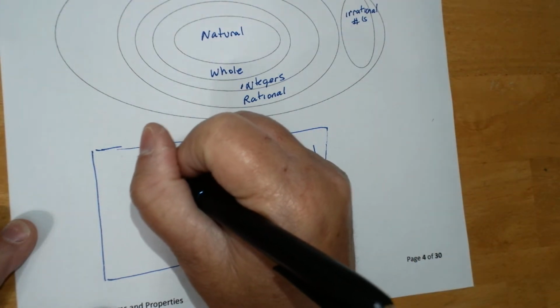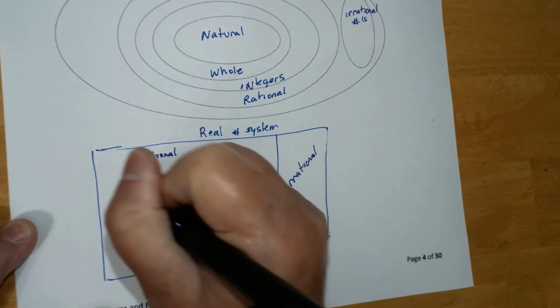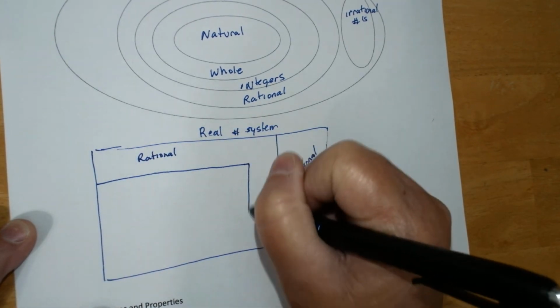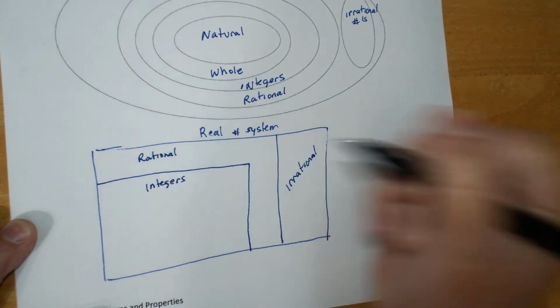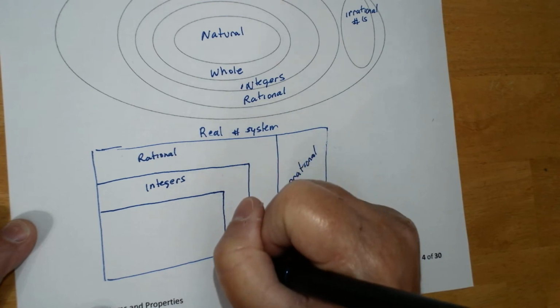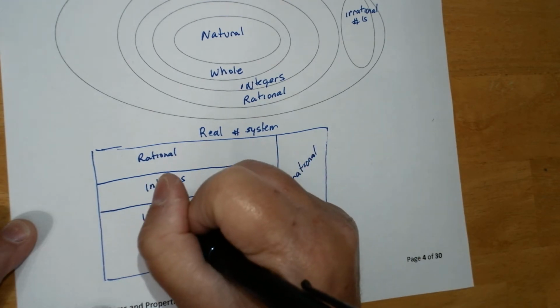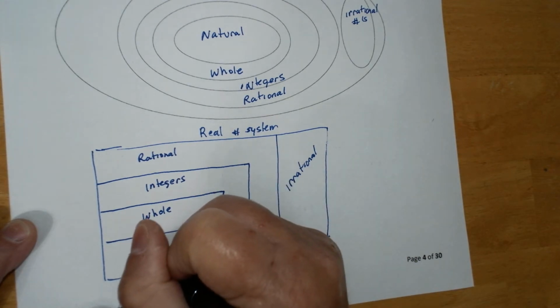Then you can have rational, but more specifically, you can have some integers, or a smaller group is the whole numbers, and a smaller group is the natural numbers.